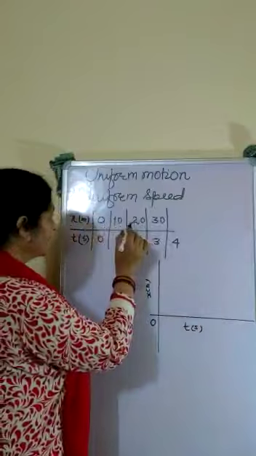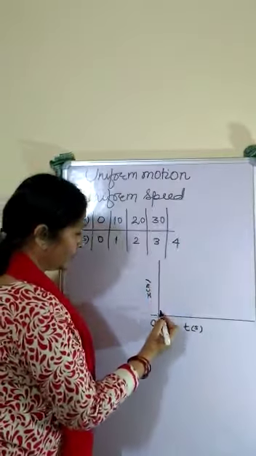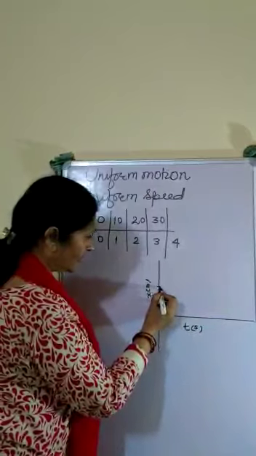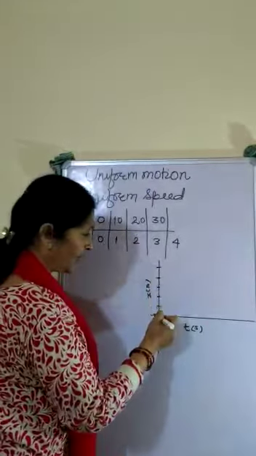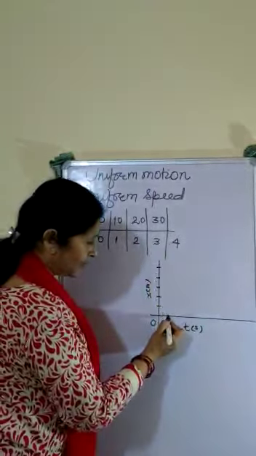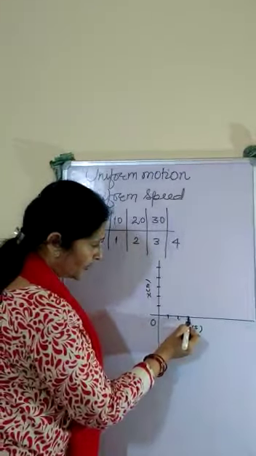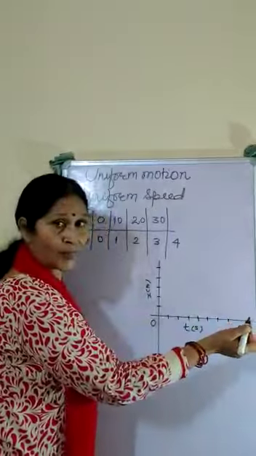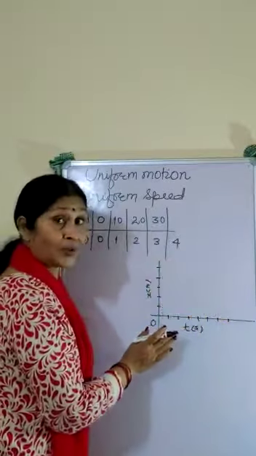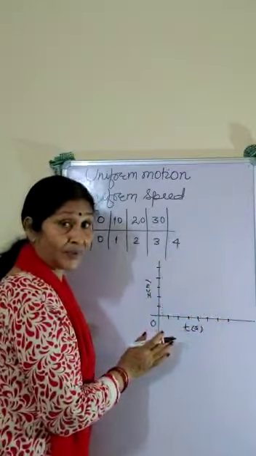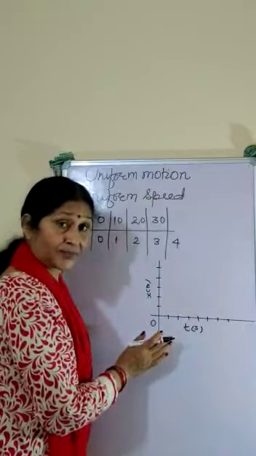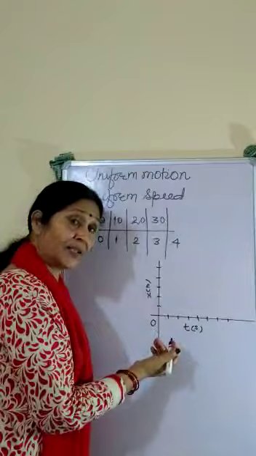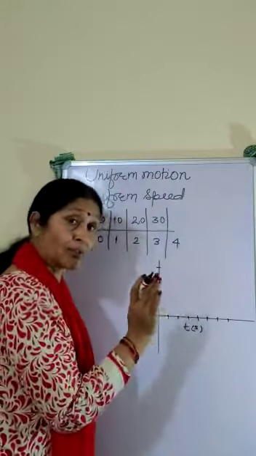For distance traveled we will assume 0, 10, 20, 30, 40, 50 and so on. And on this side 1, 2, 3, 4, 5, 6, 7 and so on. And in the background there is a graph. Remember, you have to plot on graph paper. In this way also you can, but it will be better to plot on graph paper.